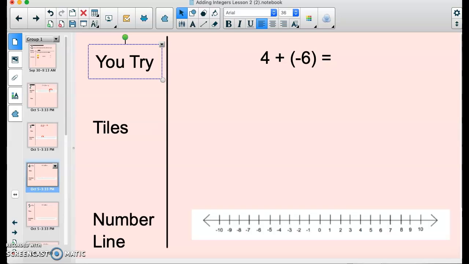All right, now on this one, you get to try. It is 4 plus a -6. Just on your number line, you start at 4 and then you add -6. A negative means you're going to the left from 4. So pause and do that on your sheet of paper. Make sure when you're done with this lesson that you take a picture and hand that in.